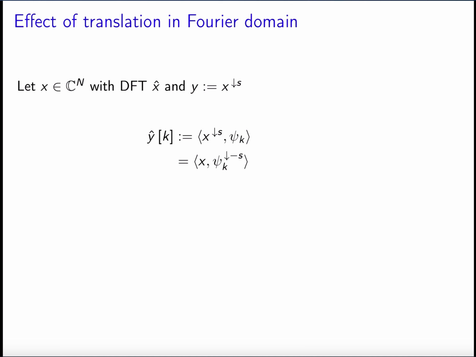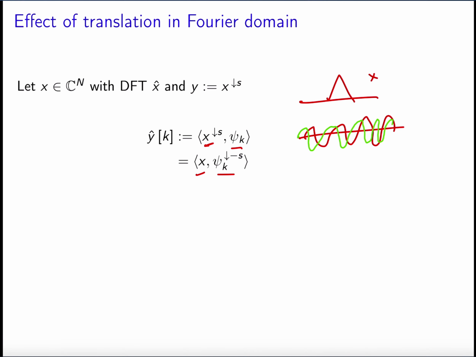And what happens here is that taking an inner product of the shifted signal with a sinusoid is exactly the same as taking an inner product of the signal with a shifted sinusoid, because we're doing just convolutional shifts. So the idea is that if you have x and a sinusoid, and you're taking the inner product between these two, if you shift x and you take the inner product, because we have circular convolutions, this is exactly the same as shifting the sinusoid in the opposite direction.